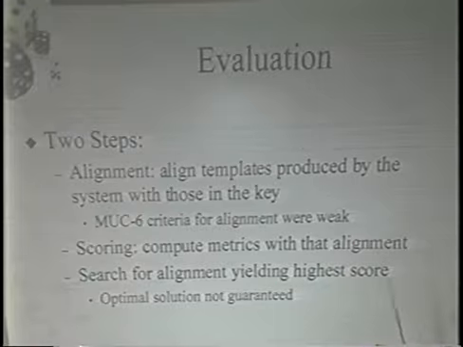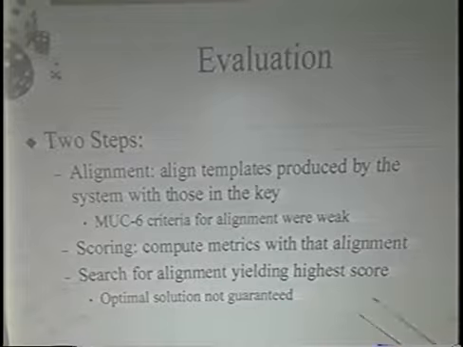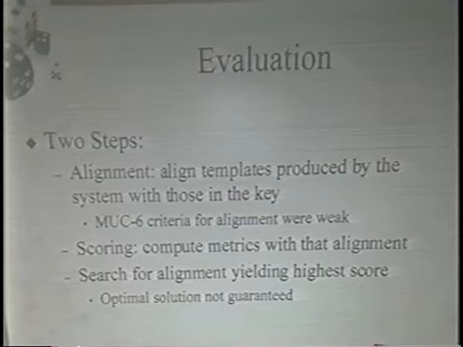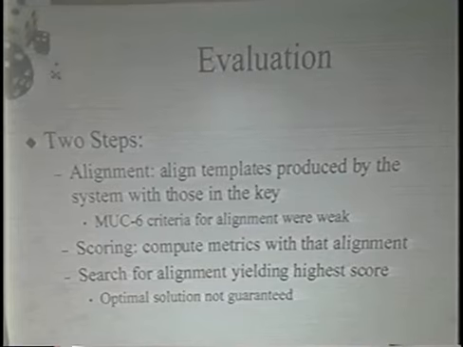So the question is, what templates are candidates for alignment? And the community deliberately chose a very weak alignment criteria, just saying if two templates share one slot value, no matter what slot, that's a candidate for alignment.